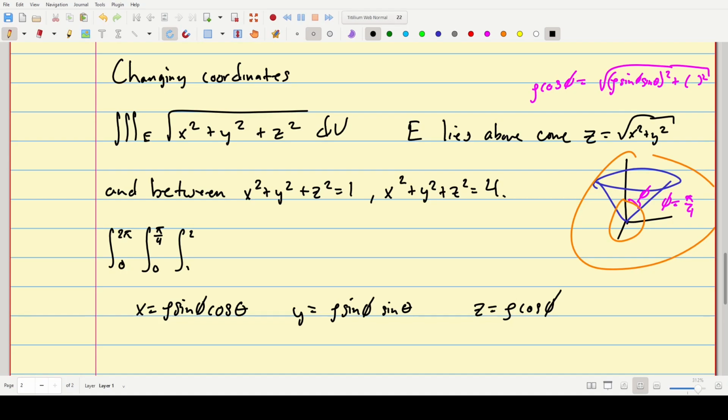And so we replace this with the appropriate quantity, but x squared plus y squared plus z squared is just rho squared. We don't have to think about that part very hard, right? It could be the case that we plug it in and have to do some simplification if it were just x squared and y squared or something. But if you see that it's actually x squared plus y squared plus z squared, that's one of the equations for spherical coordinates.